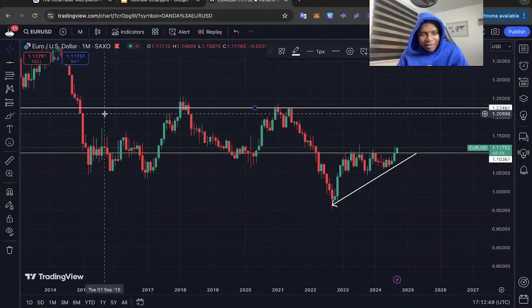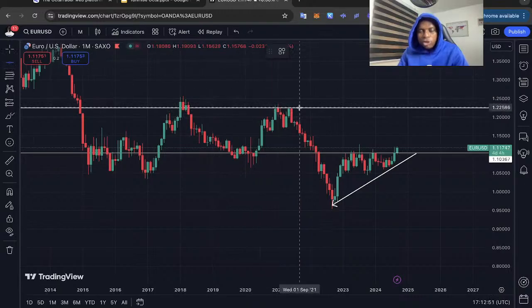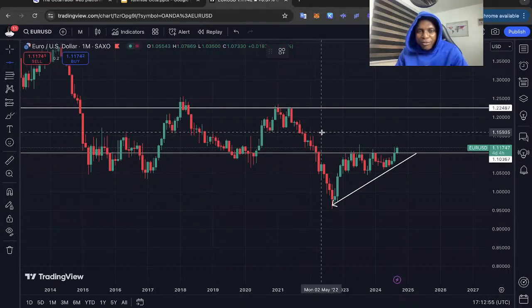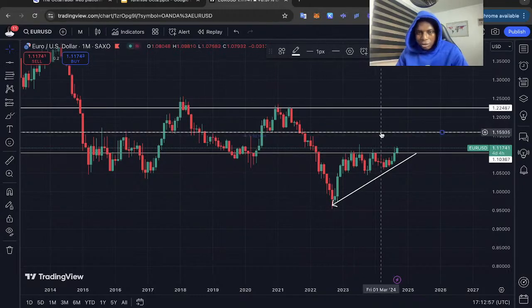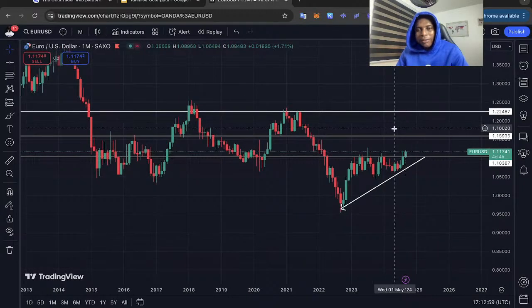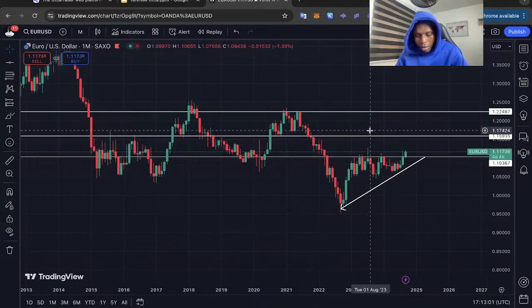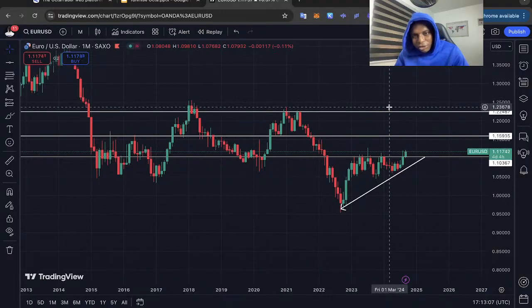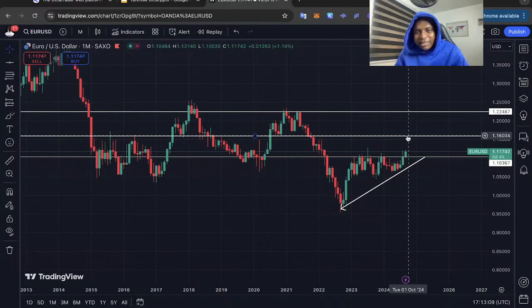It is the major zone, right? The major resistance zone. The resistance zone before it is the minor resistance zone, but that does not make it insignificant.